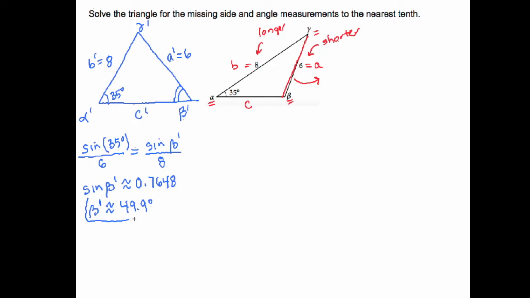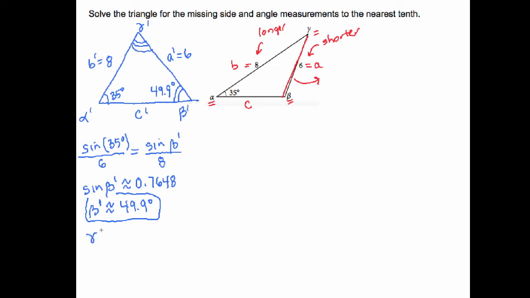Now I'll let you actually do the calculations there. Well, if I write in 49.9 degrees for beta prime, I see that I can find gamma prime because I know the sum of the angles in a triangle add up to 180 degrees.